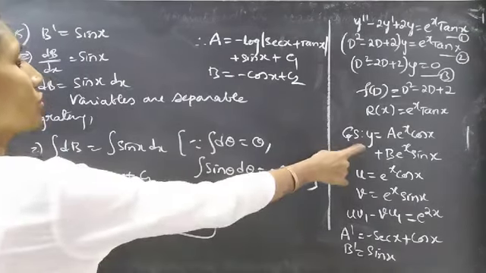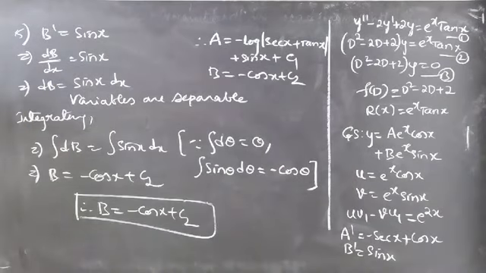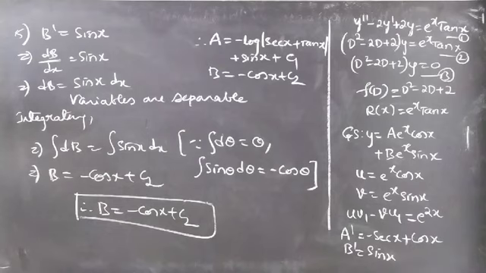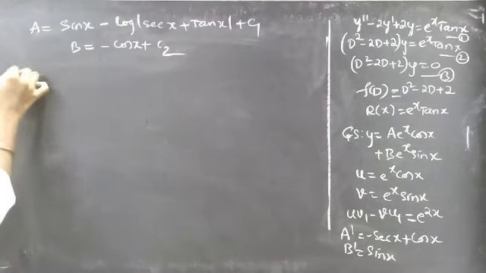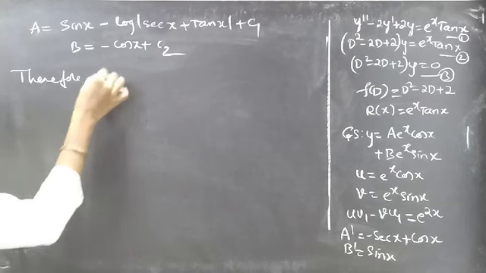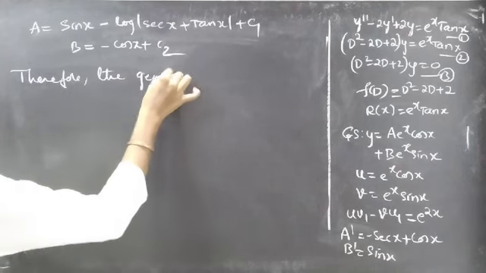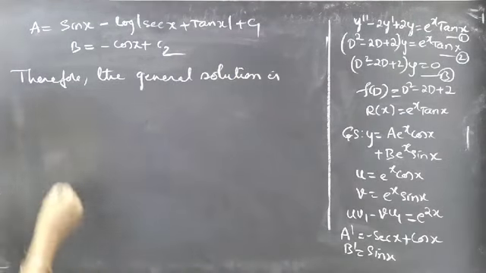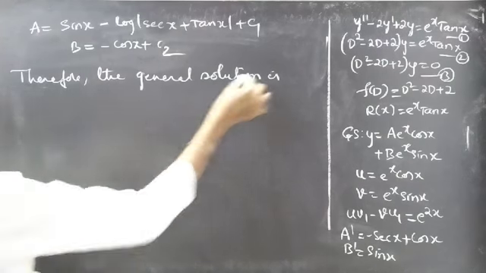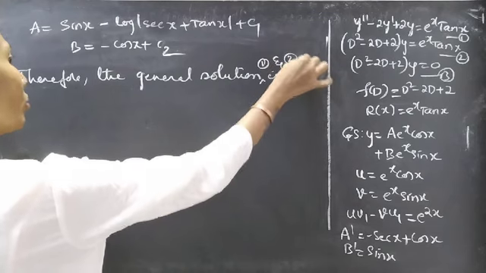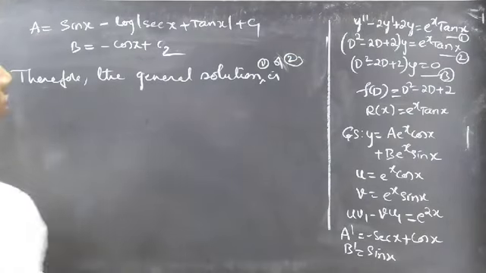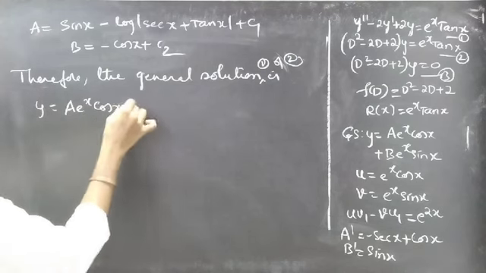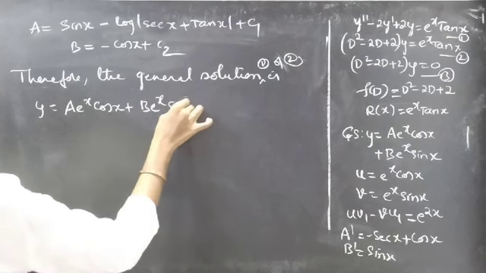Let's write the general solution using the equation y equal to A e power x cos x plus b e power x sin x. Therefore, the general solution of 1 and 2 is given by y equal to A e power x cos x plus b e power x sin x.